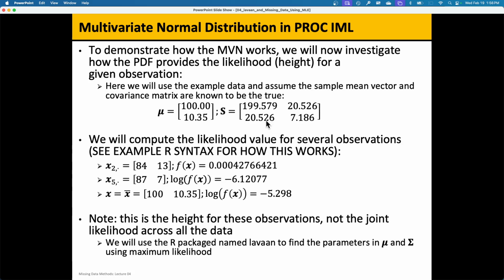All right. I said proc IML, but I actually changed this. These were slides I built with proc IML, but I actually built this in R. And if you give me a moment, I can show you this real quick. We're going to play with some of these numbers, talk about how it works.